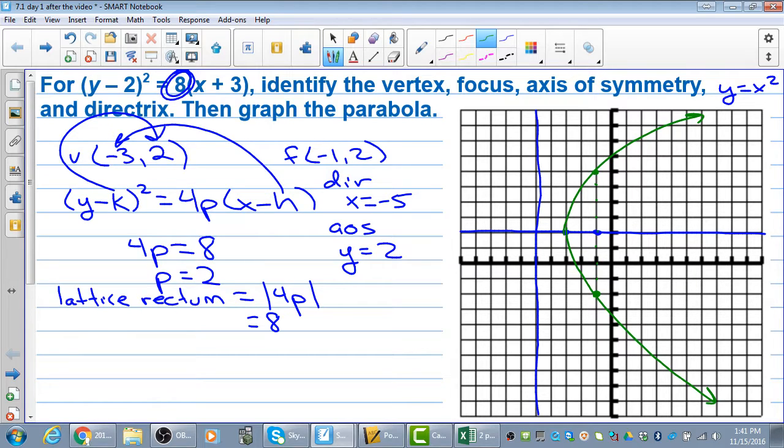Now, I want to talk a little bit about why do we have this directrix? What is this all about? Well, a circle is the set of points equidistant from a point. So that's where you get that circle, right? They're all the same distance from that one point. Well, a parabola, if you pick any point on the parabola, that should be the same distance from the focus as it is to the directrix.